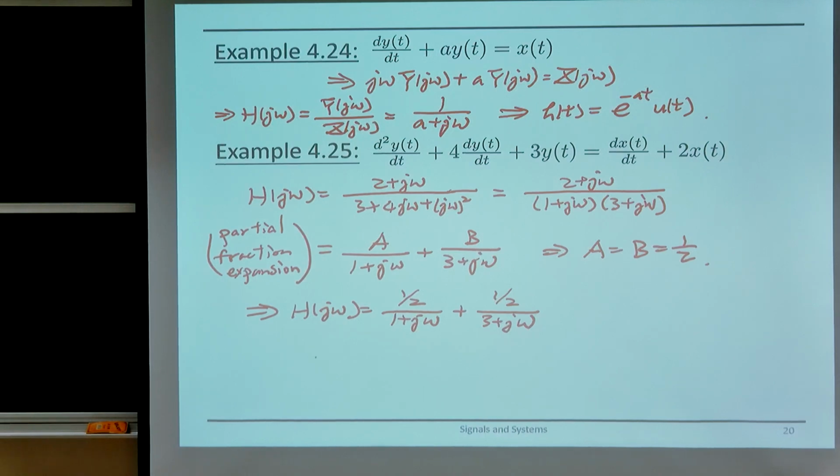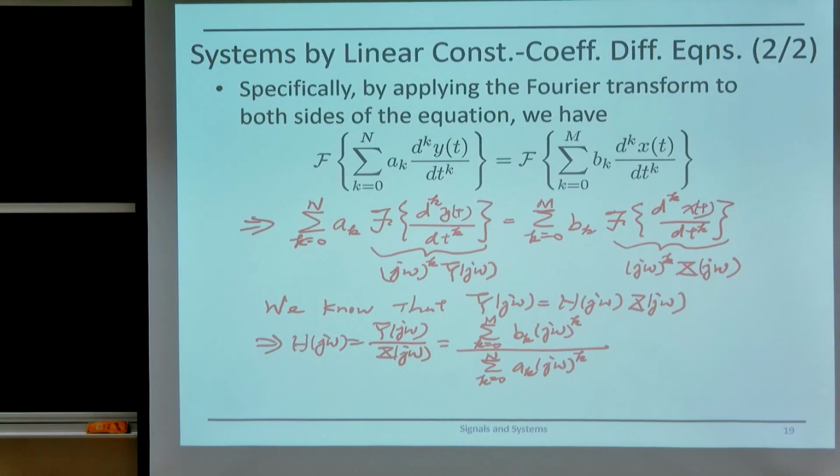So this has an inverse Fourier transform, h of t, equal to 1/2 e to the minus t u of t plus 1/2 e to the minus 3t u of t. All right. So I hope this is not too difficult. This is actually quite straightforward.